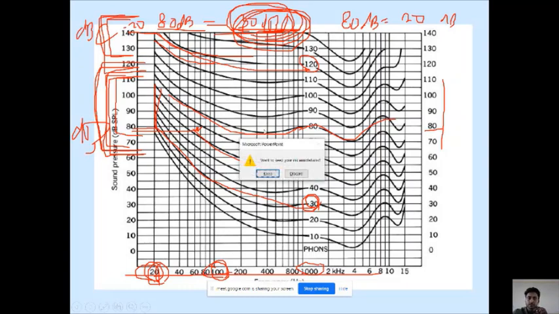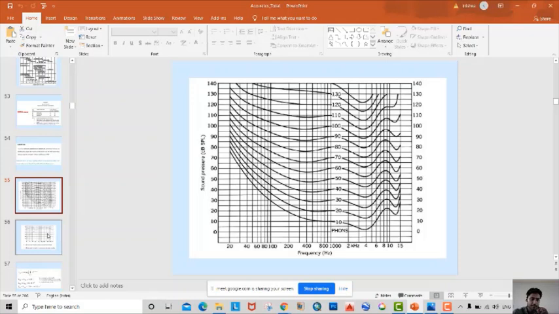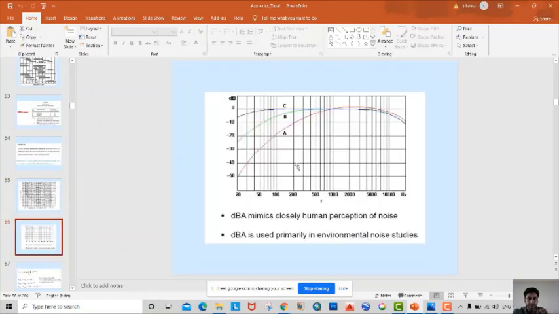Let me move forward to the next slide. Yes, this is the graph which shows the correction. This is A weightage. This graph shows, suppose we are measuring the sound, and it comes to 80 dB. So we will do minus 50, 80 dB minus 50, that will be almost 30 dBA in A weightage.